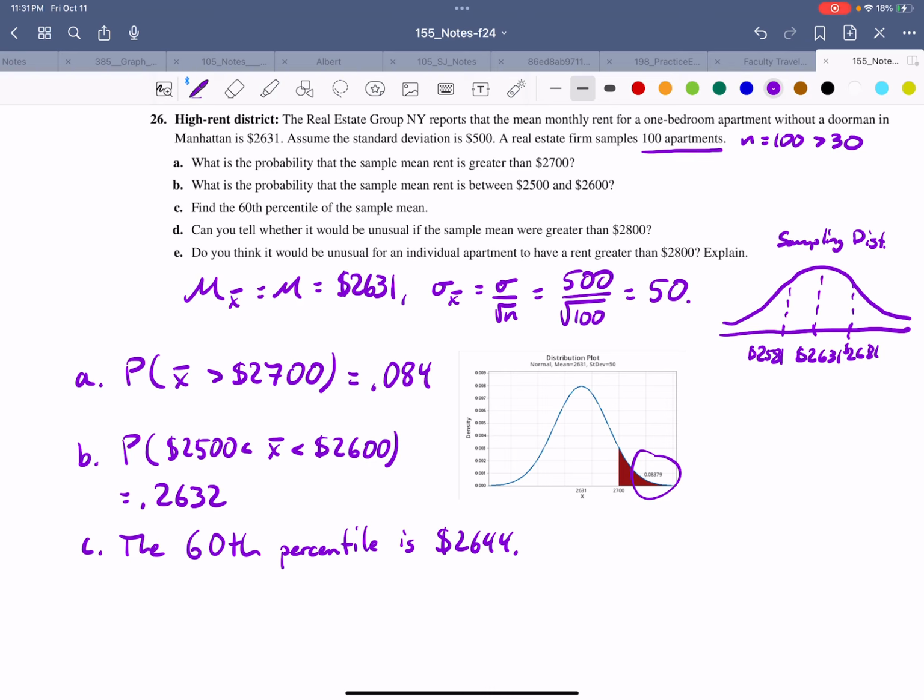The 60th percentile is right there, pretty close to the 50th, which makes sense when the standard deviation is only 50. For a sample of 50 houses, they shouldn't be deviating too far from the mean, right?